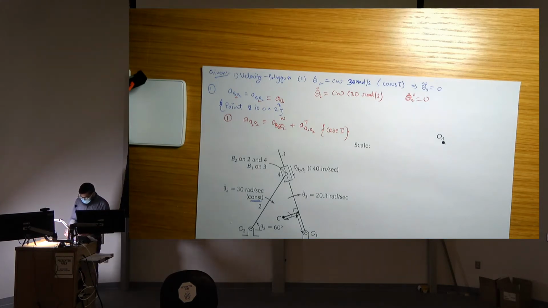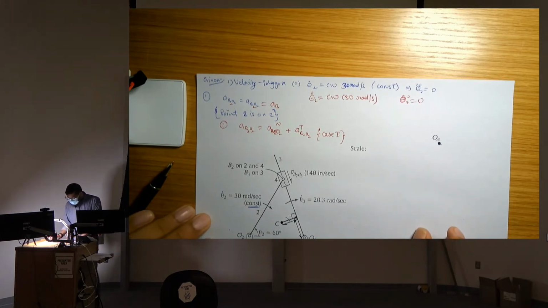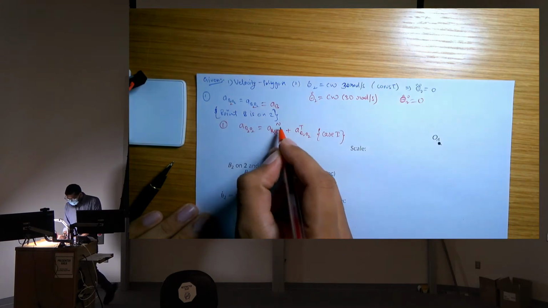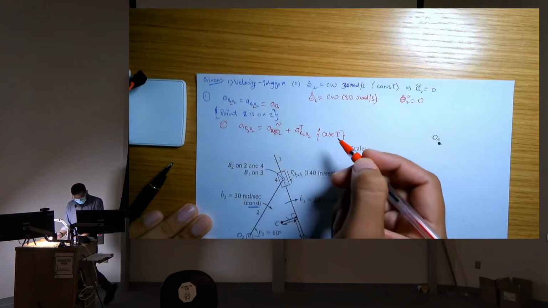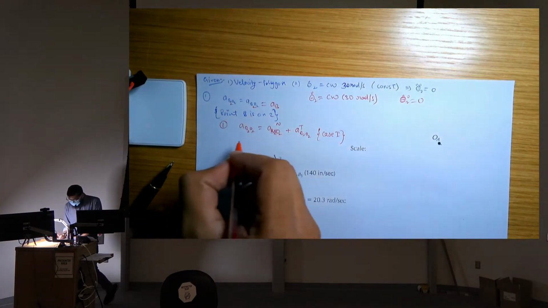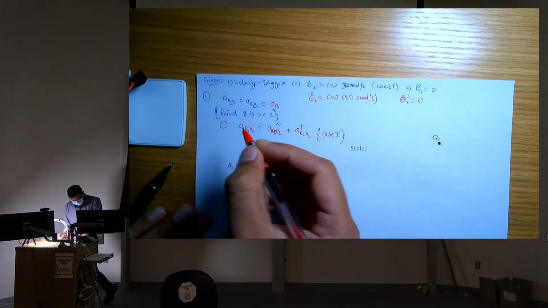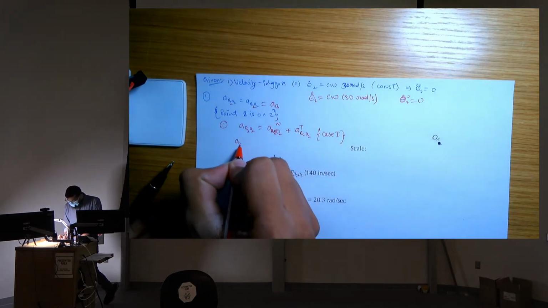Thank you. So acceleration of A2B2 would be the normal component and the tangential component. Let's find them one by one. What would be your normal component?